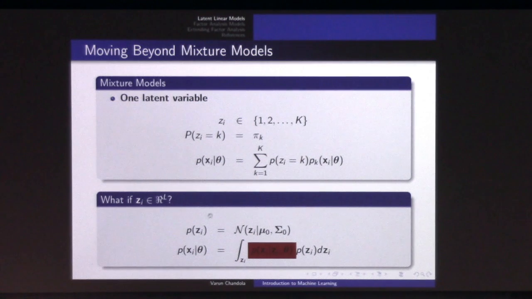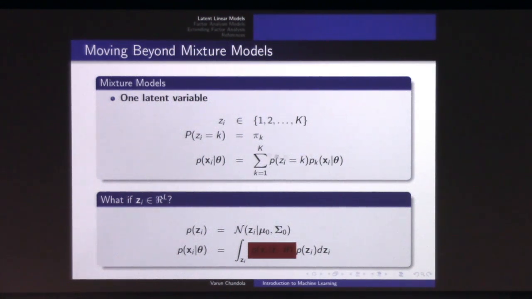Now we cannot compute the probability of zi to be something because zi is a continuous variable. So now we will have a PDF for zi. One possibility is we can model zi as a Gaussian random variable with some mean and some covariance, right? And now the xi, what we observe, will be a function of zi like this.